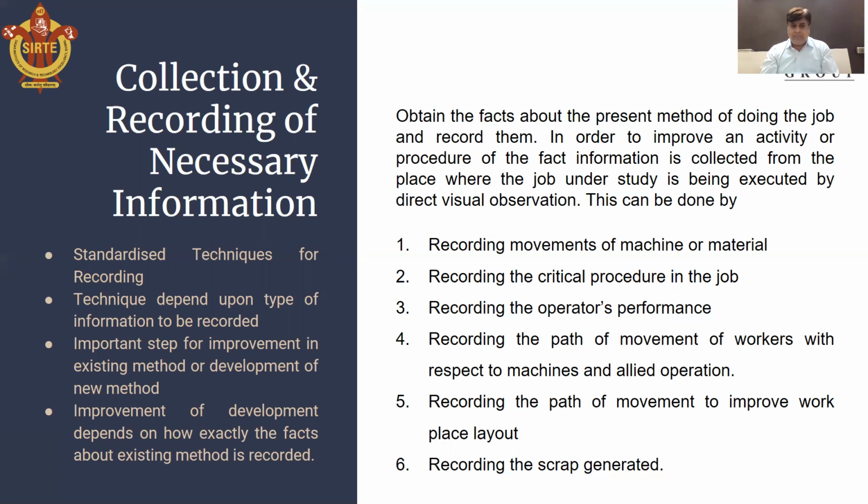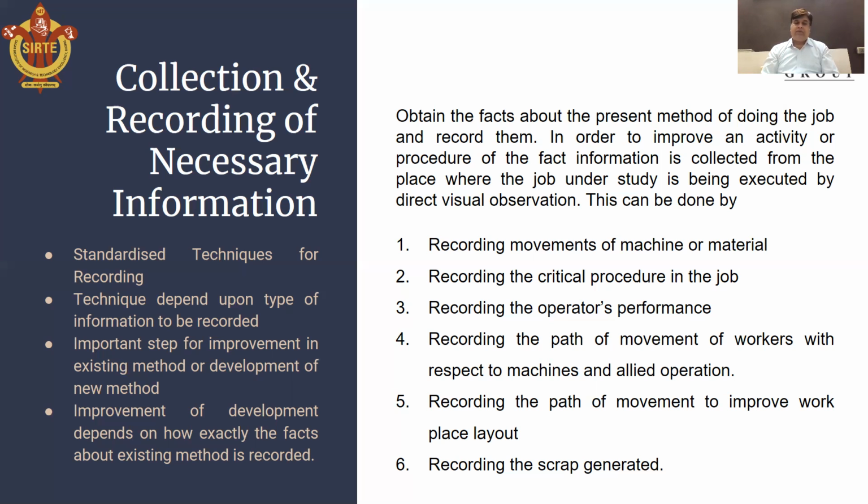Then the important step for improvement is the existing method and the development of the new method. The next thing is very important: we have to select which step should be improved in the current method, and according to that we have to develop the new method.